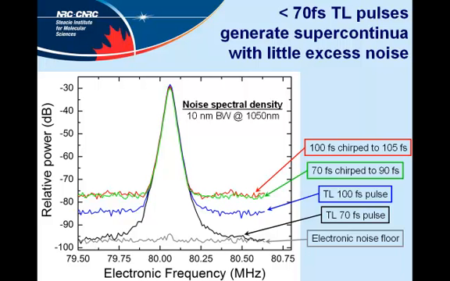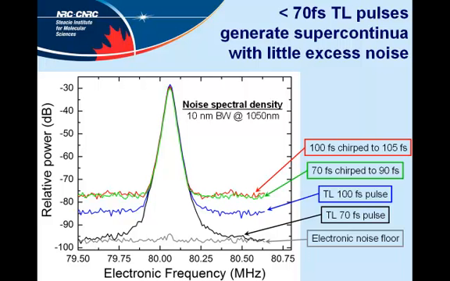So you have to control the dispersion such that at the input to the fiber it's short. Then you see that in this band I'm almost as good as the whole continuum. But if I let that transform limited 70 femtosecond pulse chirp to 90 femtoseconds, the green one, the noise increases by almost 3 orders of magnitude.